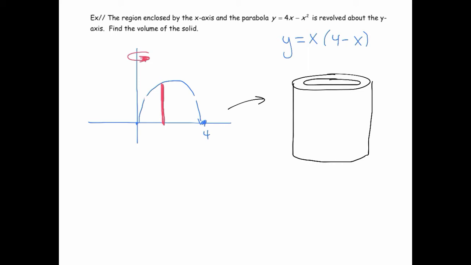So the height of the shell, you can see, is just f of x. It's this length here, and so I'll call that h. And that's going to be the y-coordinate of this point, but this is the curve 4x minus x squared, so it's x comma 4x minus x squared.